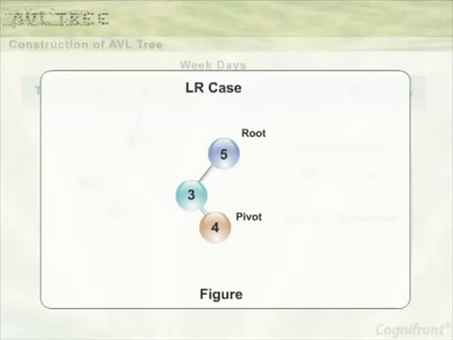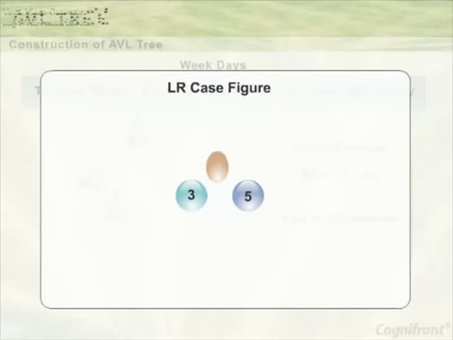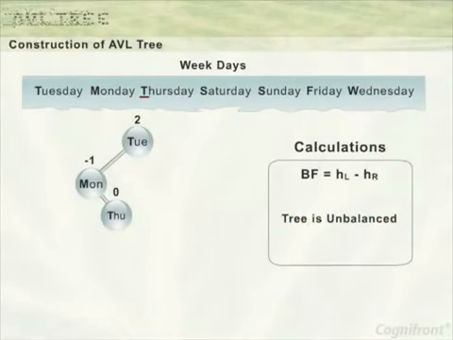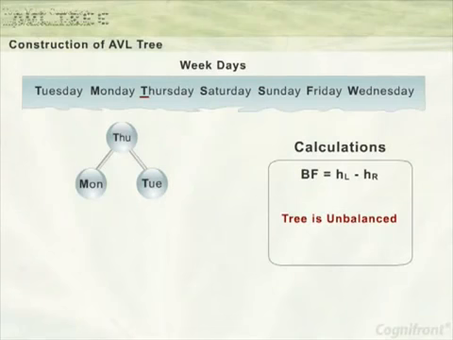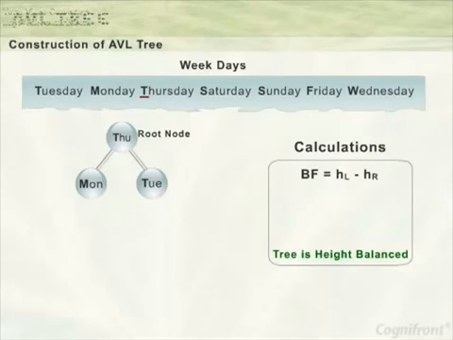In LR rotation, a child node takes the place of the root node and so the rotation is performed. Now, in the example, the rotation is performed around Tuesday. Here, Thursday will become the root node and Monday will be the left subtree and Tuesday will be the right subtree. Now this is the height balanced tree.